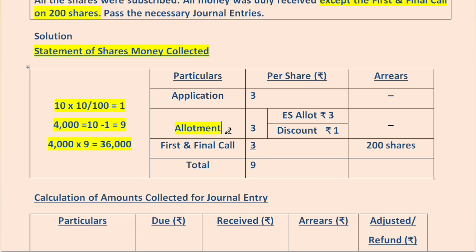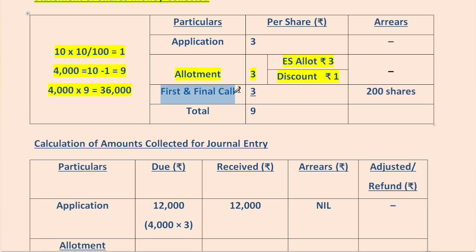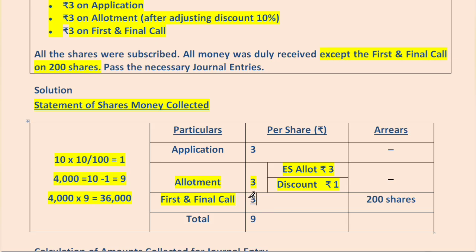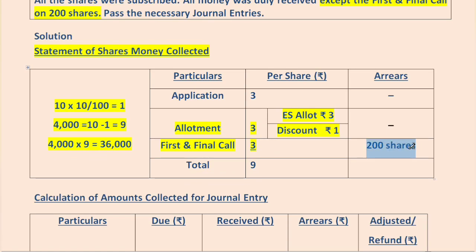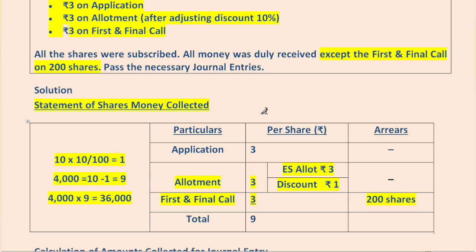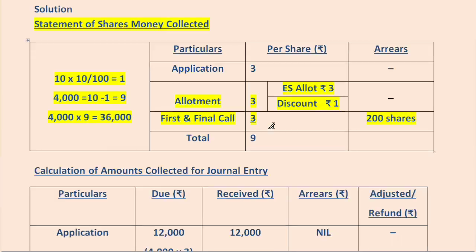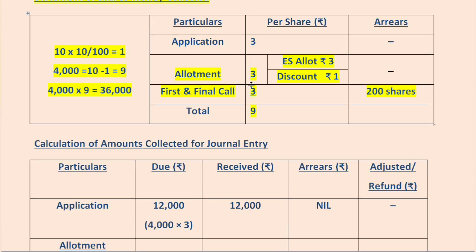Allotment, we should not include discount here. Separately we have to write equity share allotment 3 rupees, discount on issue separately 1 rupee. Next, first and final call, 3 rupees they have collected. At the time of first and final call, 200 shares who have not paid the money are considered as arrears. So totally they have collected 3 rupees, 3 rupees and 3 rupees, that means 9 rupees. 1 rupee becomes discount.